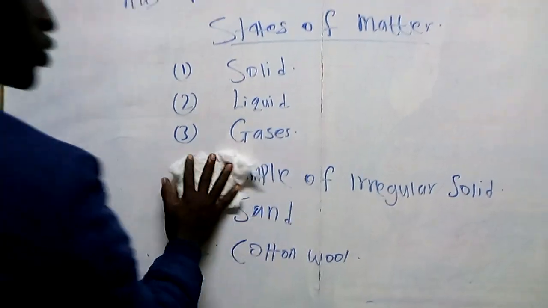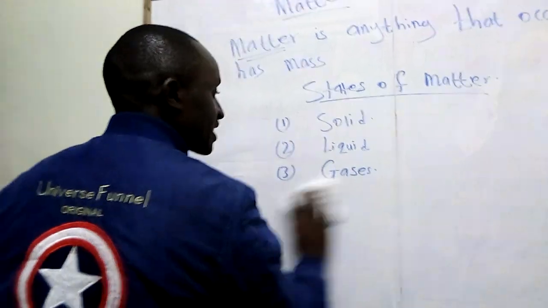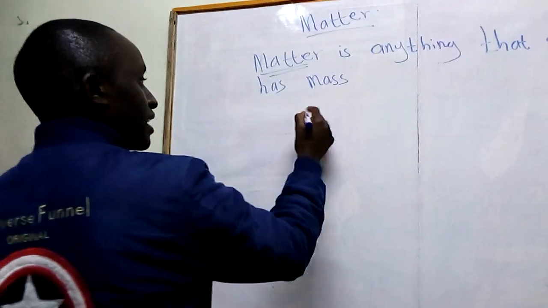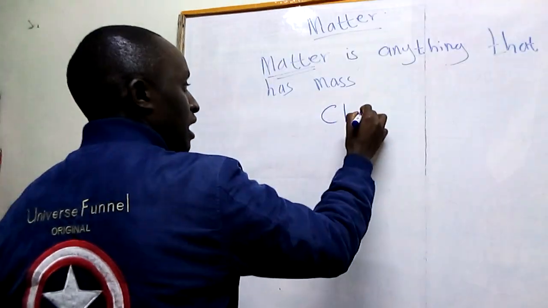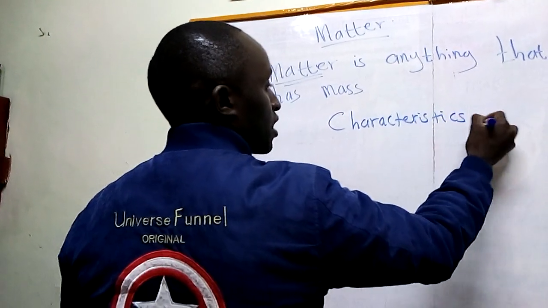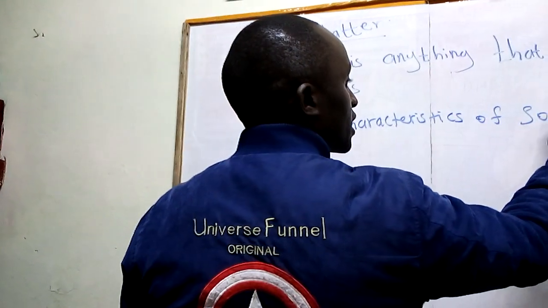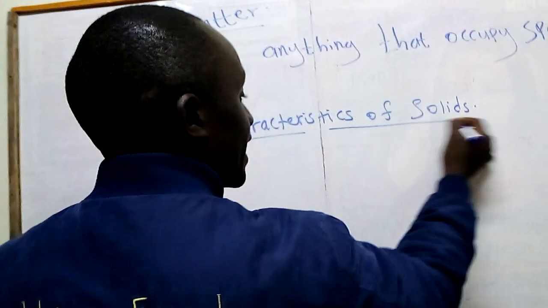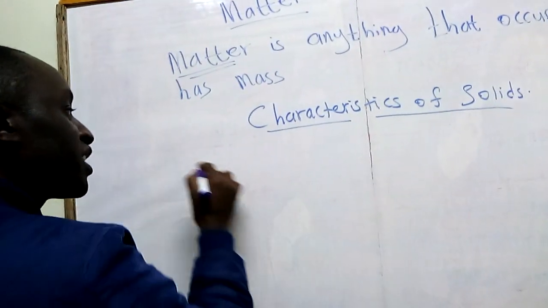Therefore, from there we are going to discuss the characteristics of solids. Here I'm going to write it. The first characteristic of a solid is that they have what we call definite shape.